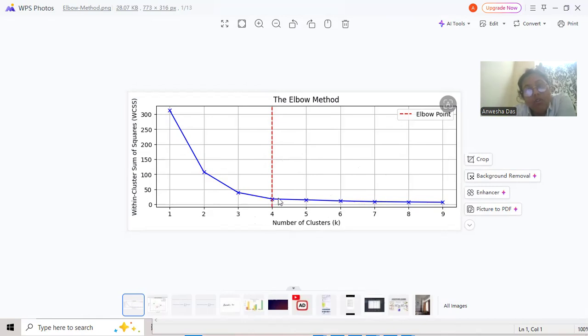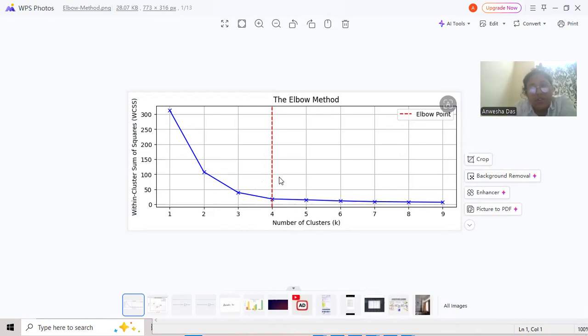K equal to 4 also, the graph is fixed. K equal to 5 also, the graph is fixed. But the trend starts from that particular point 4. So we consider this the K value, and K equal to 4 means we have to create 4 clusters. I hope you understood.